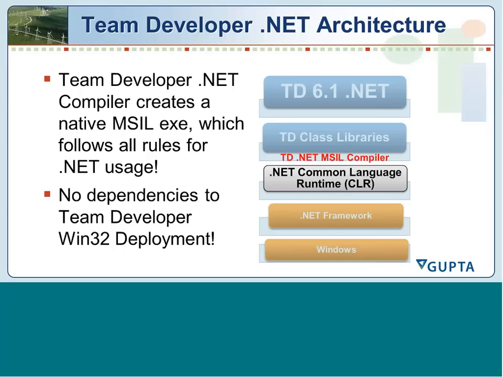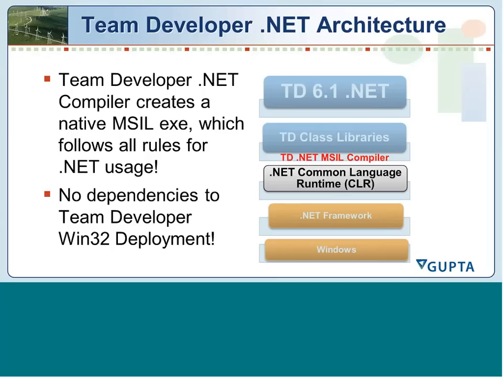We have to follow the .NET Common Language Runtime, CLR, and we are based on the .NET Framework. If something is not supported by the framework, like special Windows handles, there's no chance to implement it because it's not implemented inside the framework. It's very important to know we are now bound to the .NET Framework. If something is not supported by the framework, we are in big trouble.